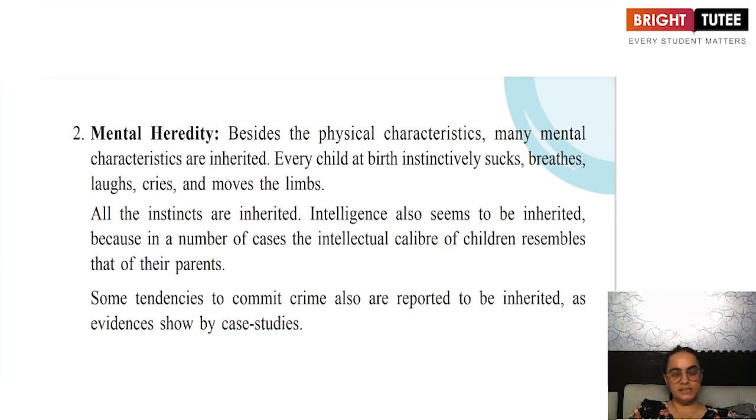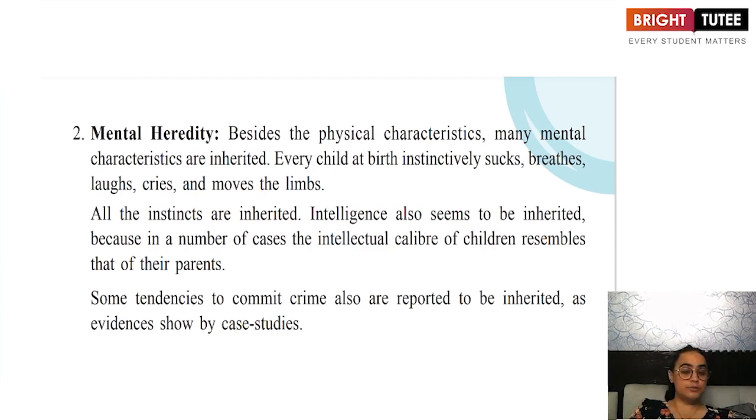All these instincts that the child does are inherited from the parents. This is what they have taken from their genes, from the genes of their parents. How intelligent the child is, this also is inherited from the parents. Okay? How skilled you are, how smart and intelligent, brilliant you are, what all calibers you have, everything you've inherited from your parents.